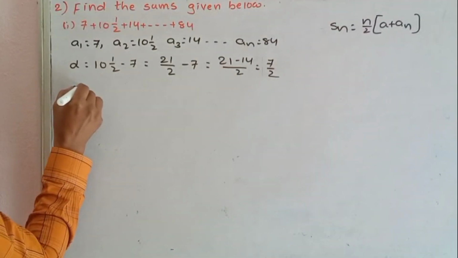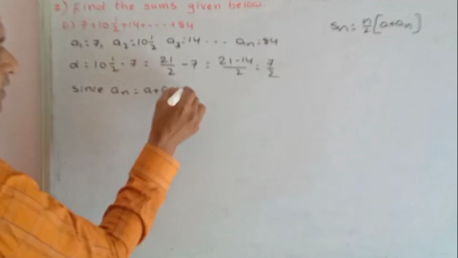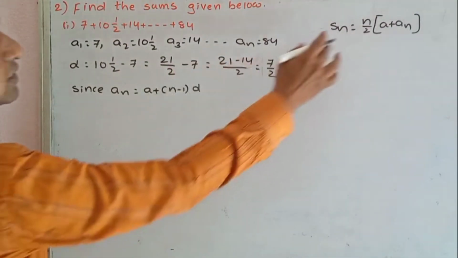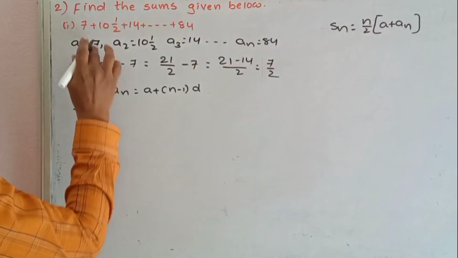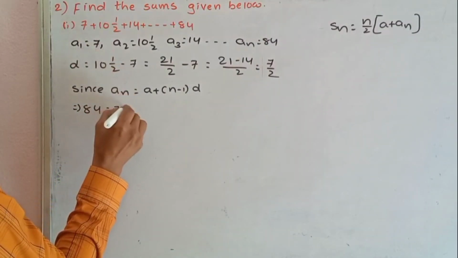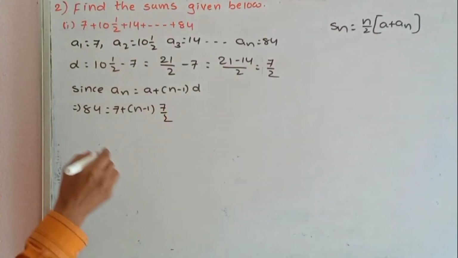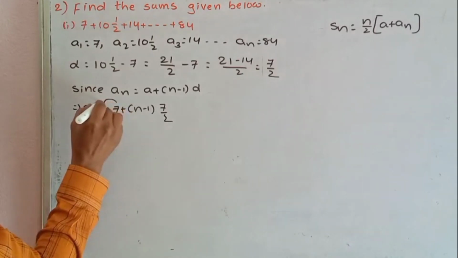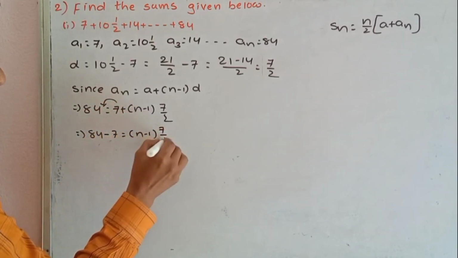Since An equals, what is the formula? An equals A plus (n minus 1) into d. Here An is given, the value of An is 84. A value is nothing but A1, which is 7, plus (n minus 1), d value 7 by 2. Transposing 7, 84 minus 7 is 77 equals (n minus 1) into 7 by 2.